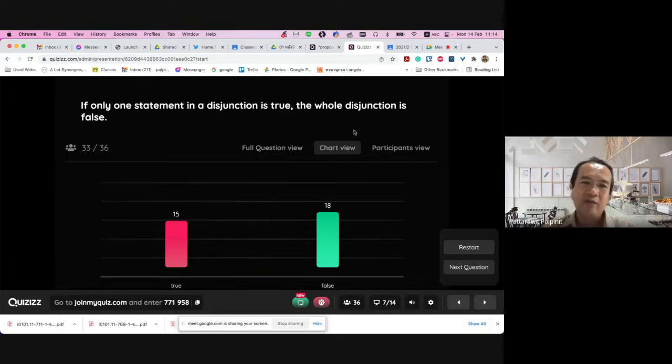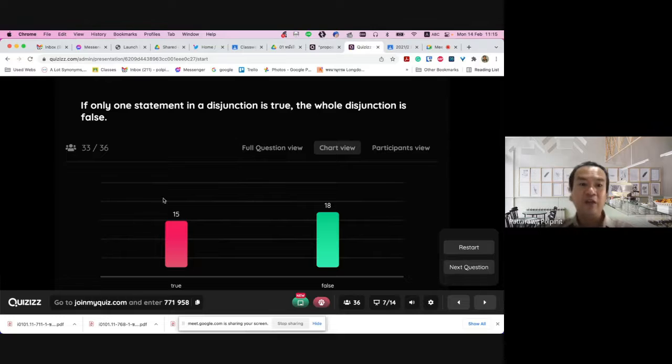This one is saying that if only one of the statements in a disjunction is true, the whole thing is false. A disjunction is an "or" statement, P or Q. What happens if one of P or Q is true? It's always true, right? If one of P or Q is true, the whole disjunction is true. But this one says the whole disjunction is false if one of them is true, which is false, right?